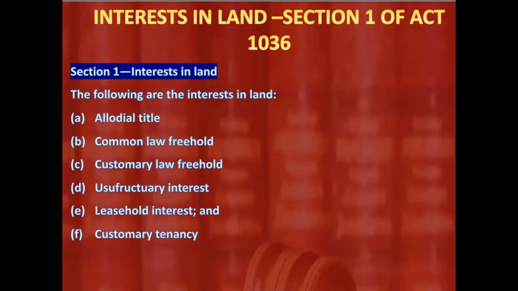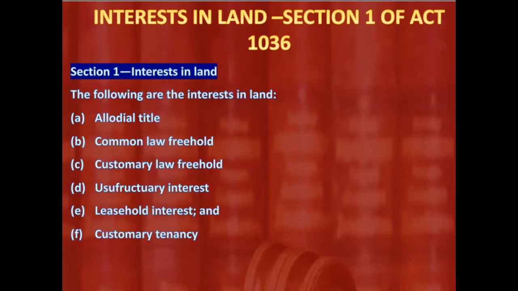We have distinguished how there is a subject usufruct and there's a stranger usufruct. We have also discussed a leasehold interest, where we said that the leasehold interest is of a definite duration. And we have also discussed a customary tenancy, which we said can either be the Ebunu or Ebusa.